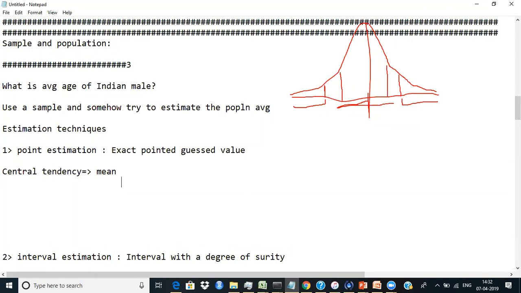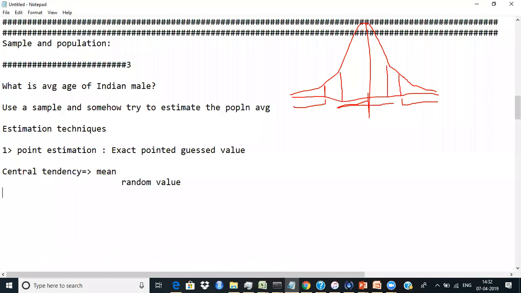It is his guess, right? So the option can be a random value. Second option can be you take the minimum of the sample, right? It will be a pessimistic estimate. Similarly, you can take the maximum value that you have found in the sample, right? Or you can take the sample average, right? Similarly, you can have a lot of choice depending upon what you think is the best estimate.